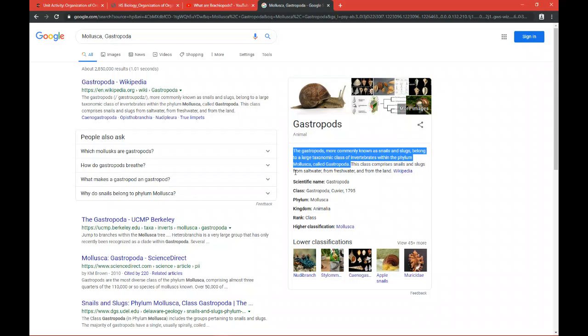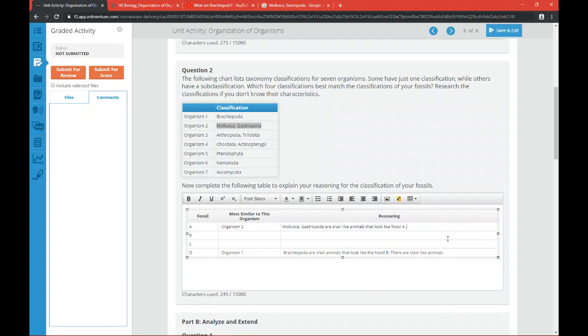They're comprised of slugs from saltwater to freshwater and from land. So you can put on here to add a little bit more to your description.